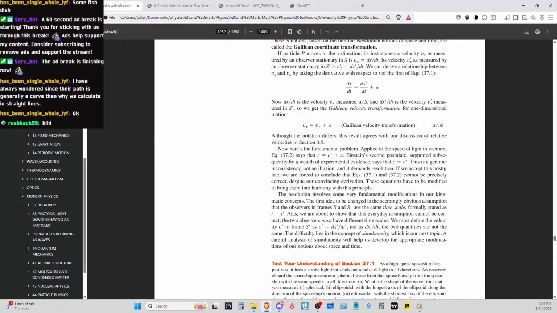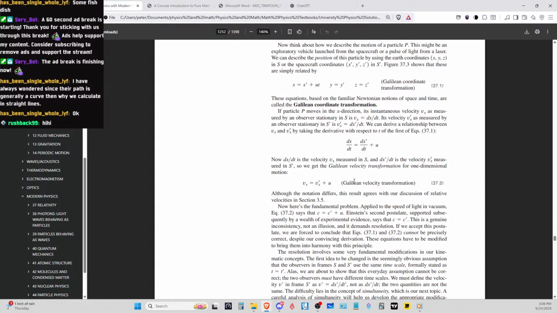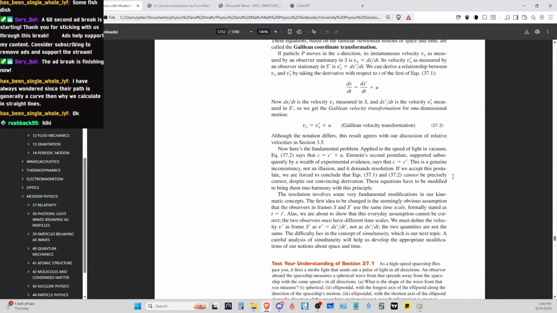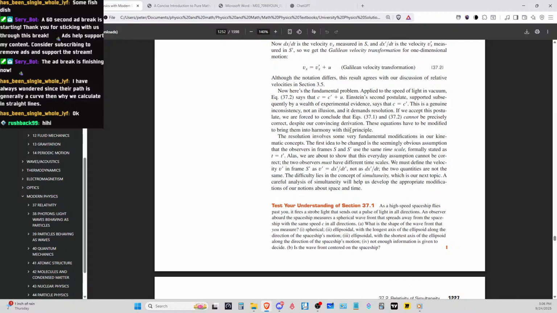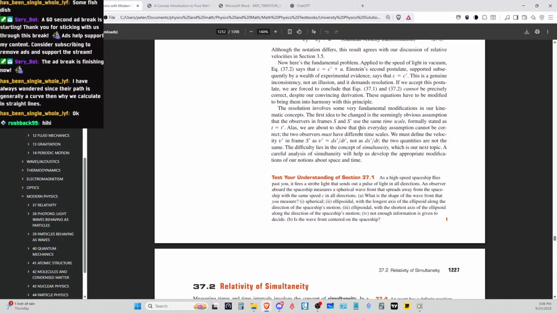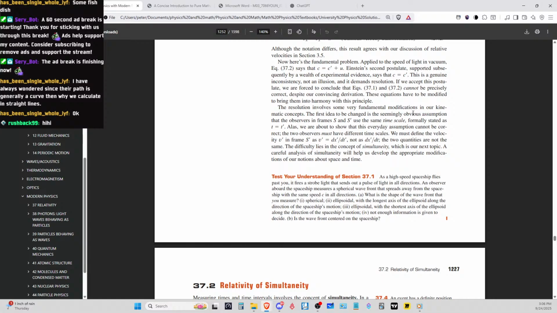If we accept this postulate, we're forced to conclude that these equations, which one's the second one? This one, cannot be precisely correct despite our convincing derivation. These equations have to be modified to bring them into harmony with this principle. Okay.